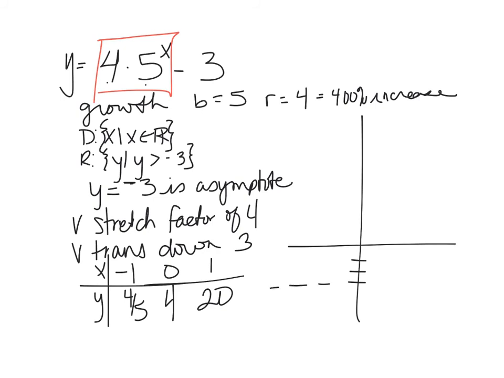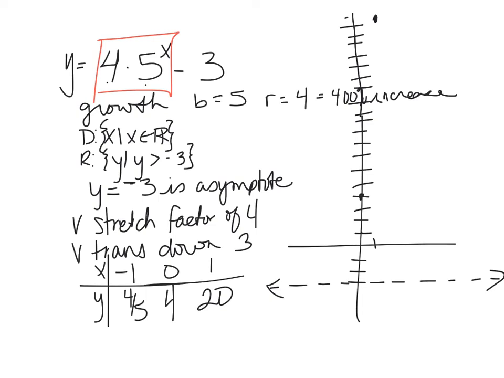So I'll draw my asymptote here at y equals negative 3. And then it goes pretty high up here because it's 20, and 0, 4, and then negative 1, 4/5.